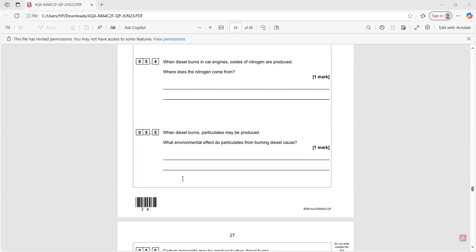Okay, so the next question, it says, when diesel burns, particulates may be produced, particles, okay? And it says, what environmental effects do particulates from burning diesel cause? Well, what effects? I think it's largely pollution, right? Yeah. Okay. Are there any other effects?